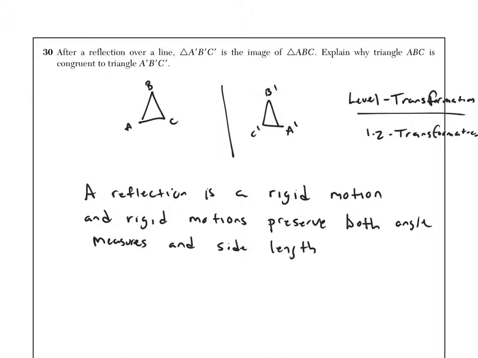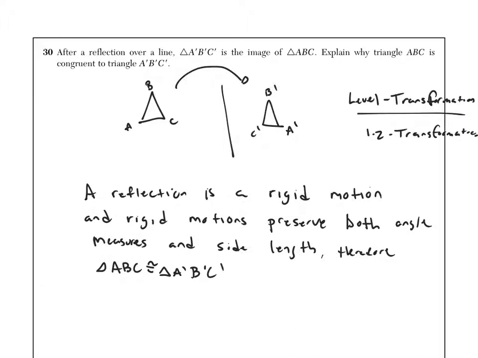So since angle measures and side lengths are preserved, we know under this transformation, nothing changed. It stayed exactly the same. So we'd say therefore, triangle ABC is congruent to triangle A prime, B prime, C prime.